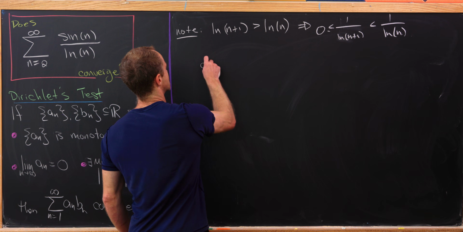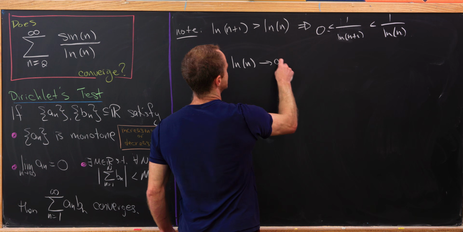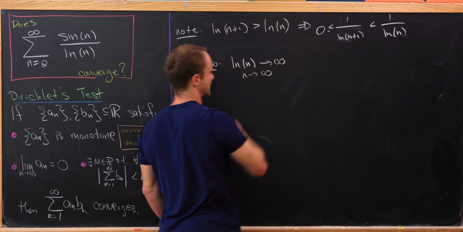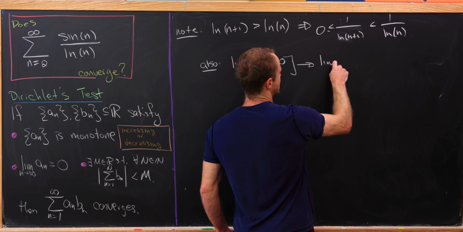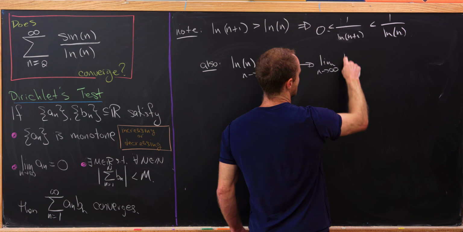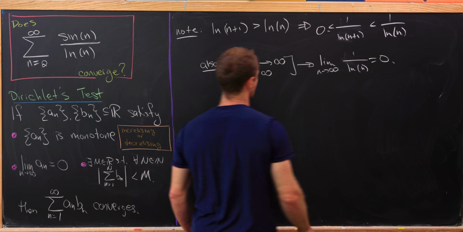And then also we know that the natural log of n goes to infinity as n goes to infinity. So that's kind of well known as well. But that means that the limit as n goes to infinity of 1 over the natural log of n is simply equal to 0.